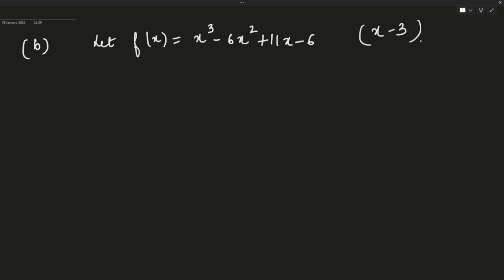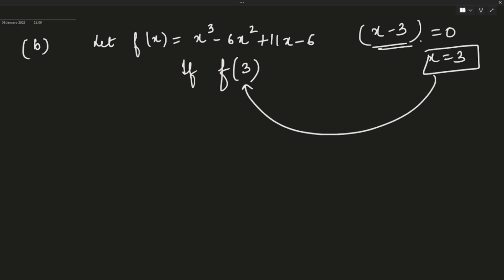If f(3) equals 0, then x minus 3 is a factor. Why f(3)? When we put x equals 3, we get f(3). We have learned this through our factor theorem. So we'll check if f(3) is 0. If f(3) equals 0, then x minus 3 is a factor, otherwise it's not.